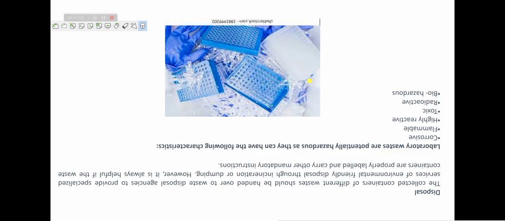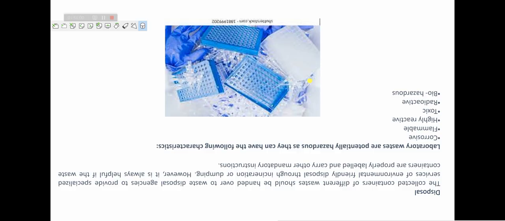If we are dumping anything wet, there should be a label saying to dump wet waste here. If it is something for medical purposes, there will be other types. If we have to put bandages, there will be another type, and if there is tissue or bloody materials, there will be different types of waste containers.